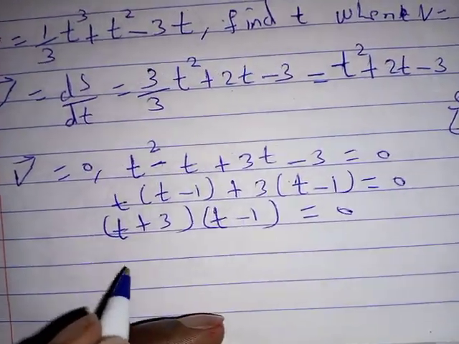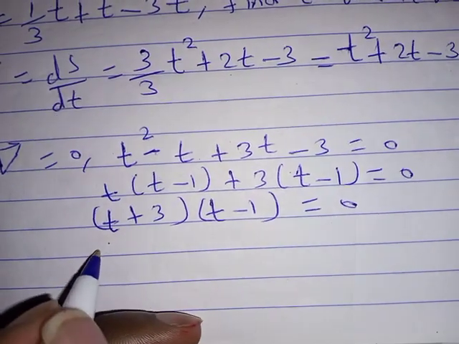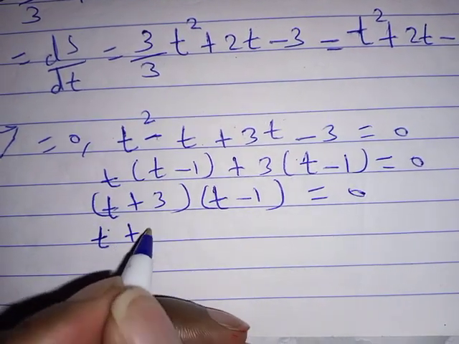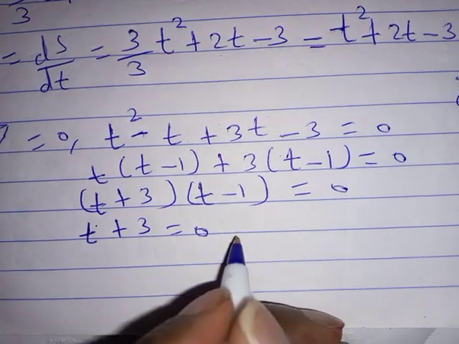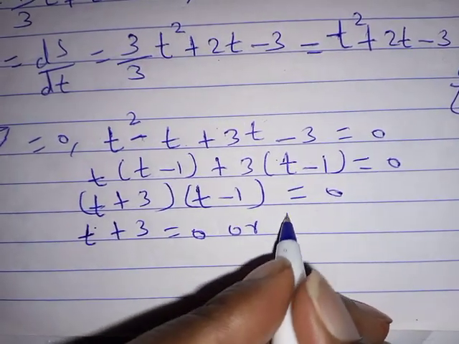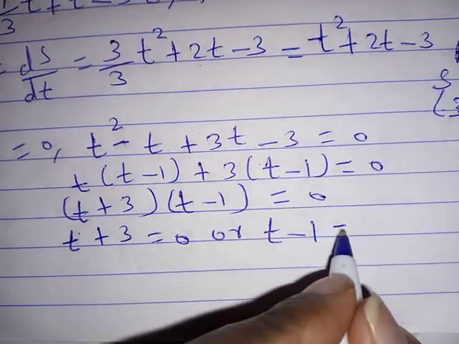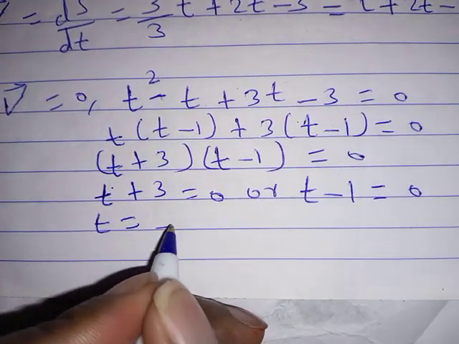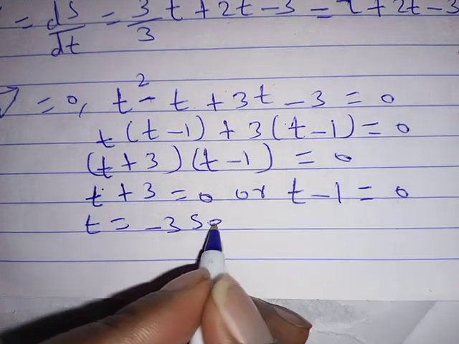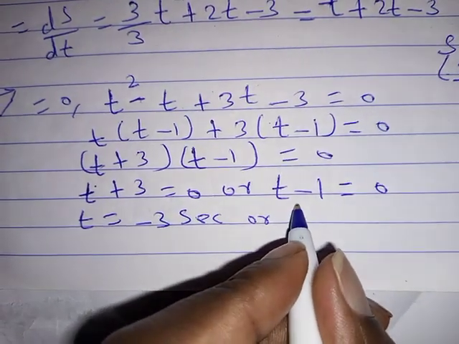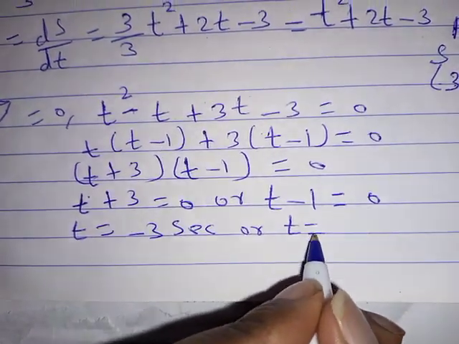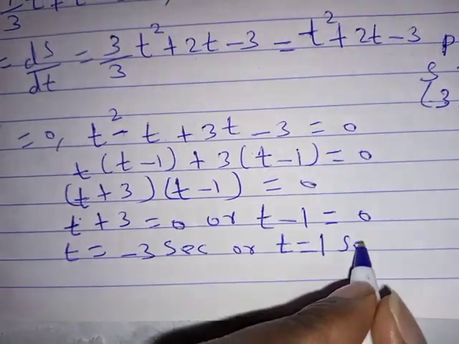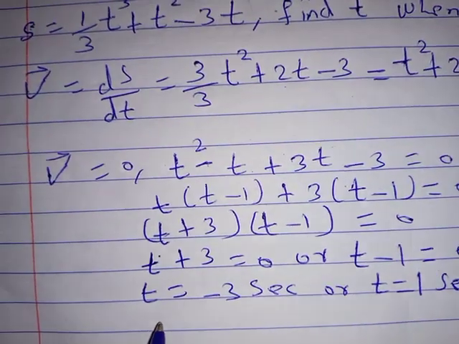So in this case, we have two possibilities. Either t plus 3 is equal to 0, or t minus 1 is equal to 0. So t is equal to -3 seconds, or t is equal to 1 second. Now, time cannot be negative.